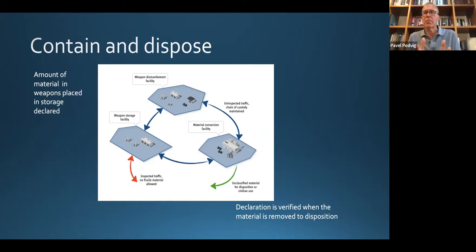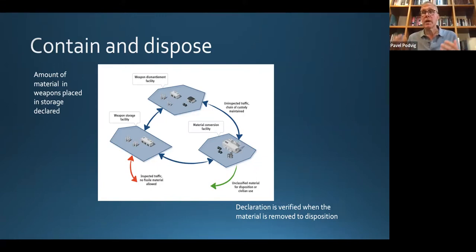So, for example, you don't have to wait until the entire warhead inventory is dismantled. You could say, okay, I'm dismantling a certain portion of my arsenal that contains a certain amount of material.